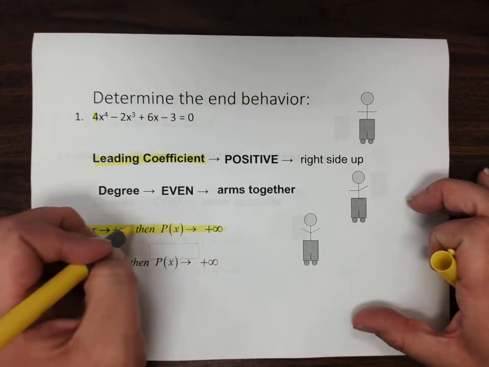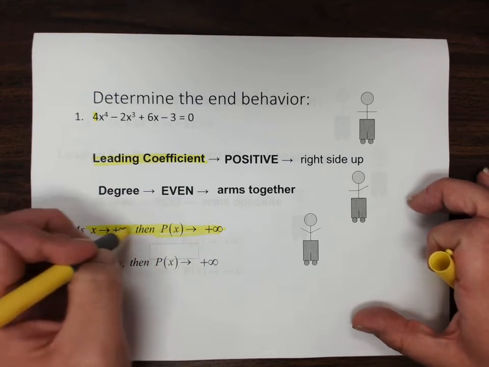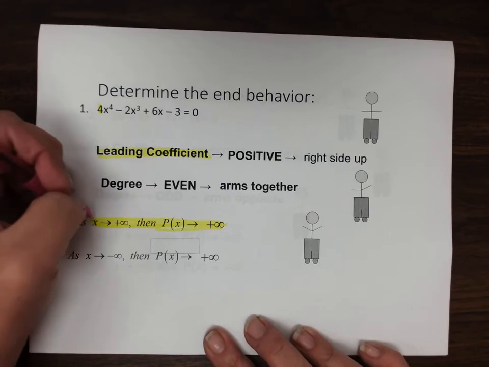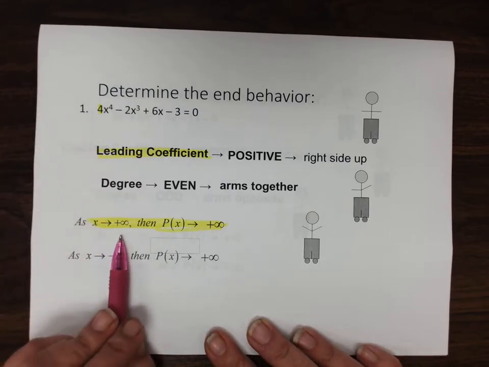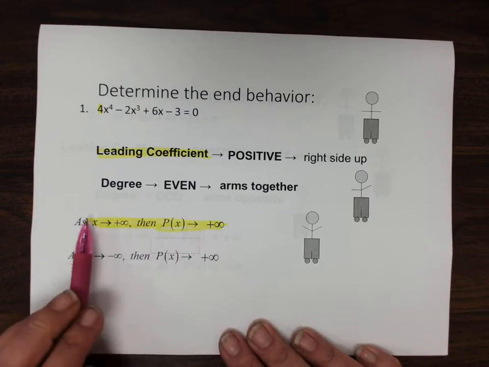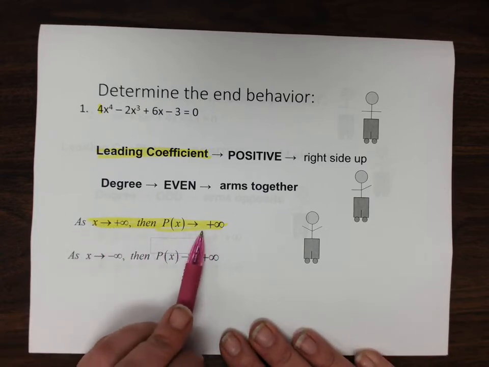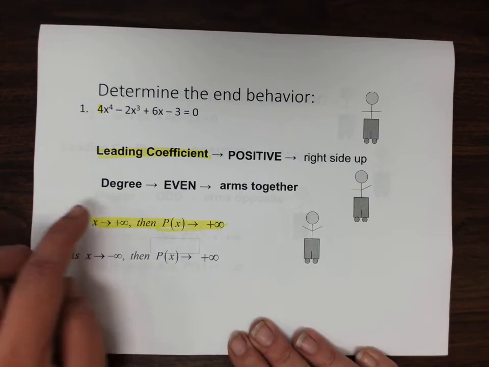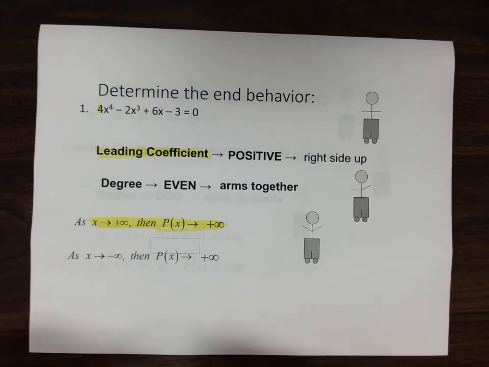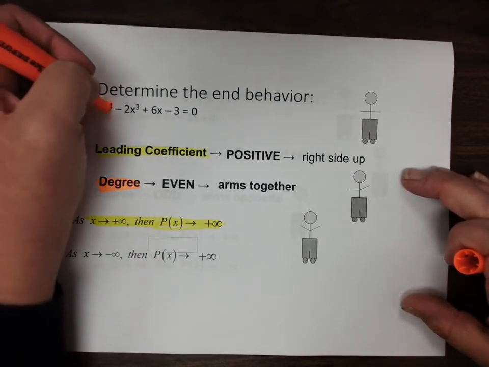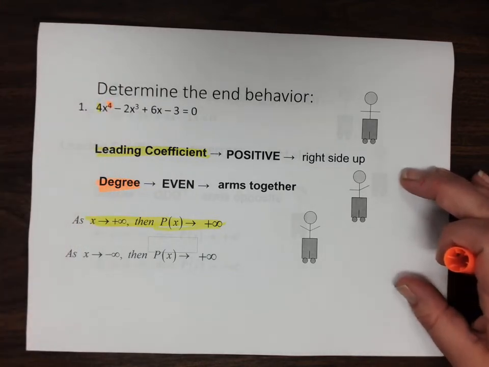This is what they look like. And we would read this, sorry, I'm kind of going a little crazy with my highlighter there. This is: as x approaches infinity, then p of x approaches positive infinity, right? And notice we do actually have to denote positive or negative infinity here. Now this is an even degree, right? If we're looking at the degree, that is the highest exponent that we have.